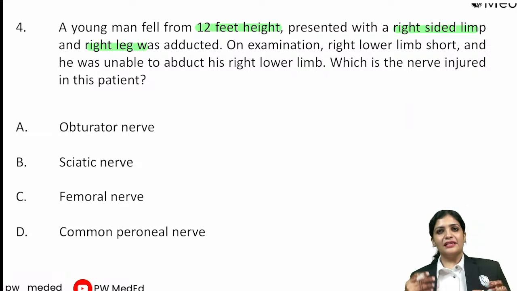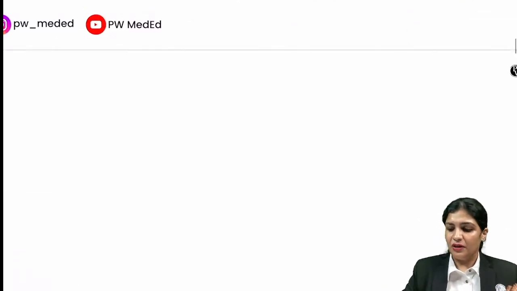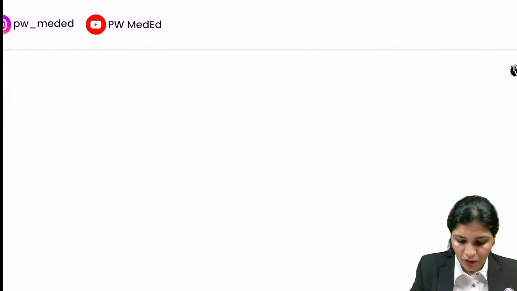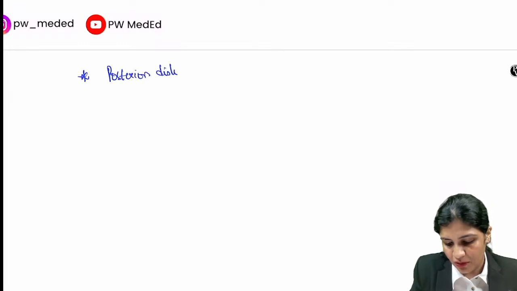So let us see various conditions where there is an injury to the hip joint, and what are those positions in which the hip joint is presented, right? Okay. Now the most important one is your posterior dislocation of hip.